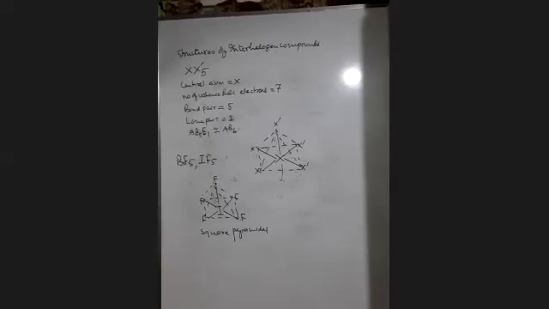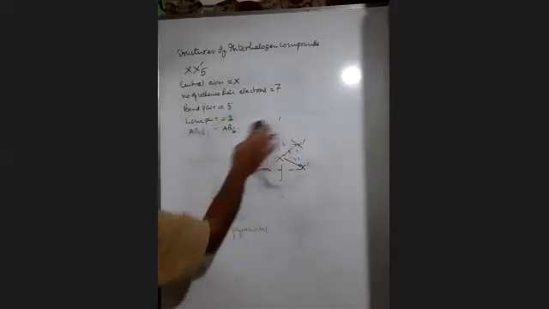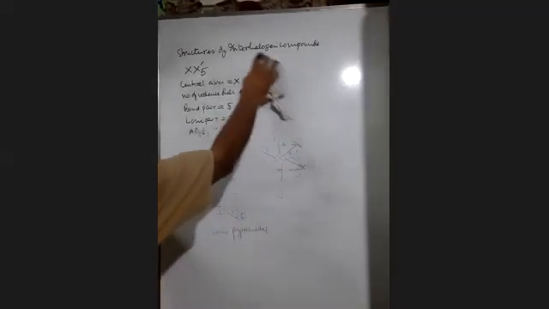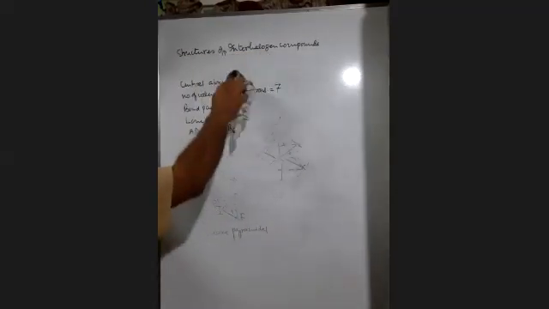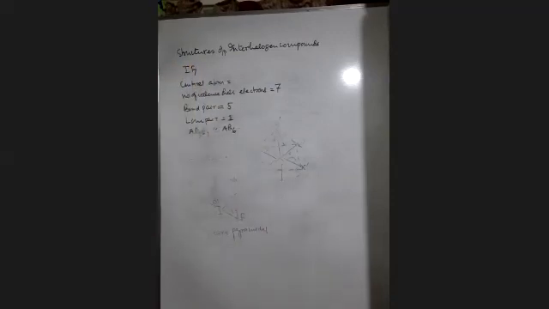Okay, now I'll go for X7. I told you only one molecule is there, so in that case I will not write XX7. I will directly write IF7. Only one molecule. Central atom is I. It has 7 electrons.